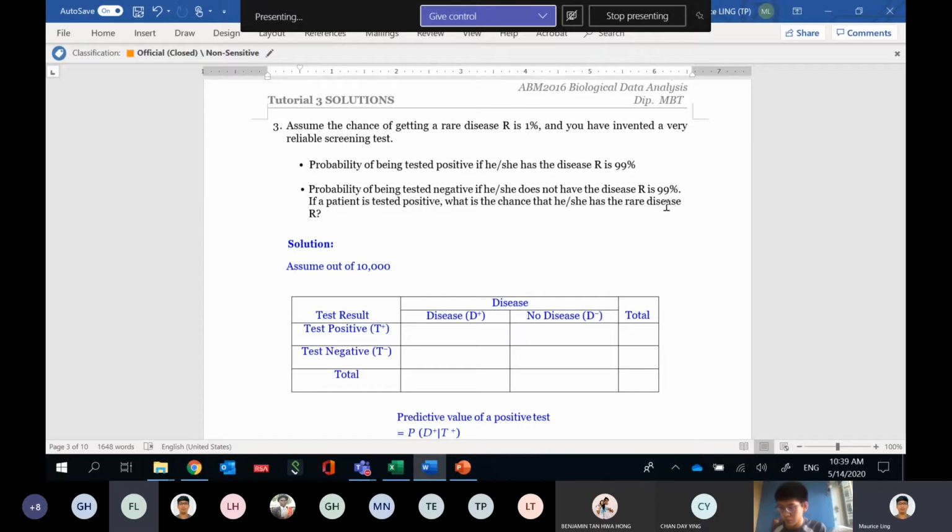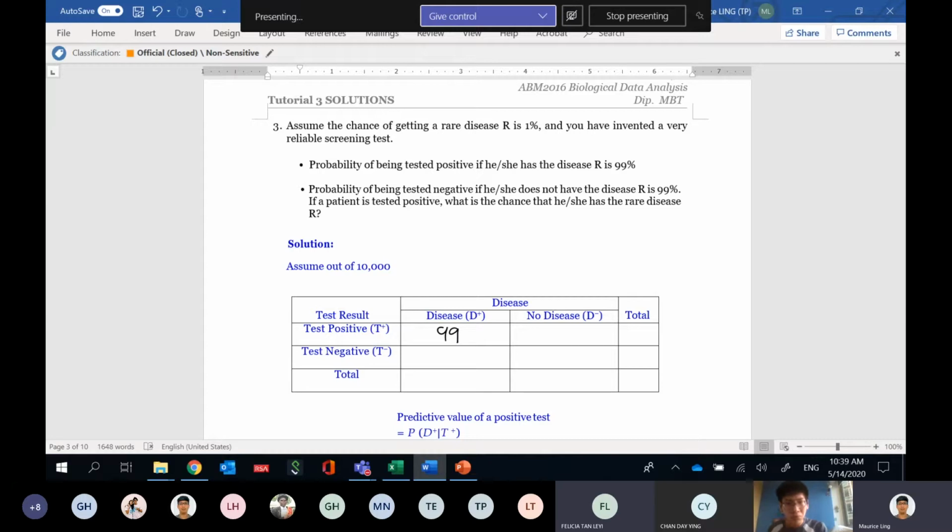Okay. Can you give me all the numbers now to fill up this table? 99% for test positive and disease. Okay, so those tested positive and has the disease is 99. Right? So 99.